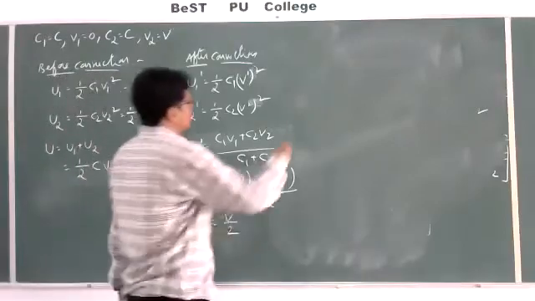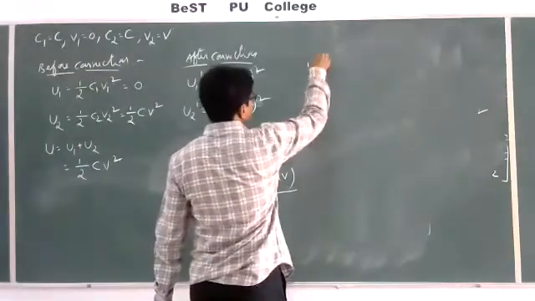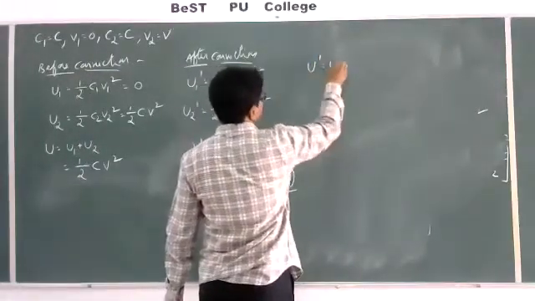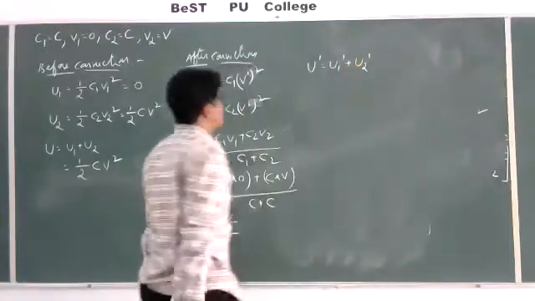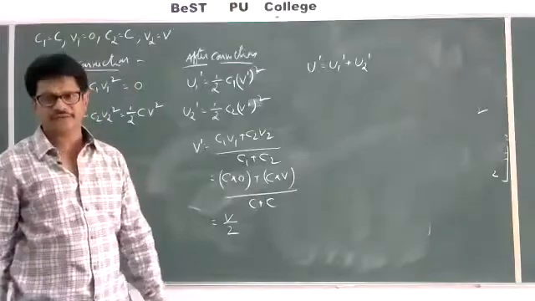Now what is the total energy now? U dash is equal to U1 dash plus U2 dash, the total energy after connection.